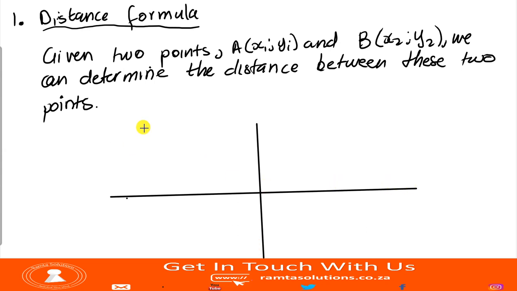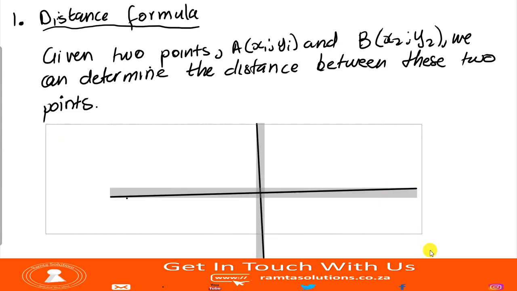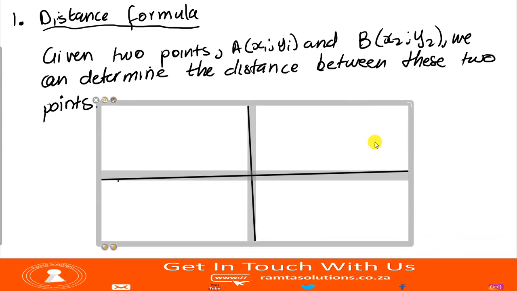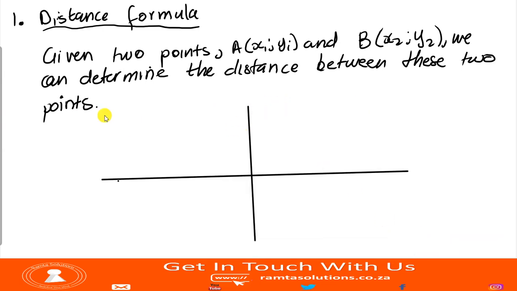I may need to move it. Yeah, let me put it here. Now I want you to look at this. Let's say we have a point A, and A is here.